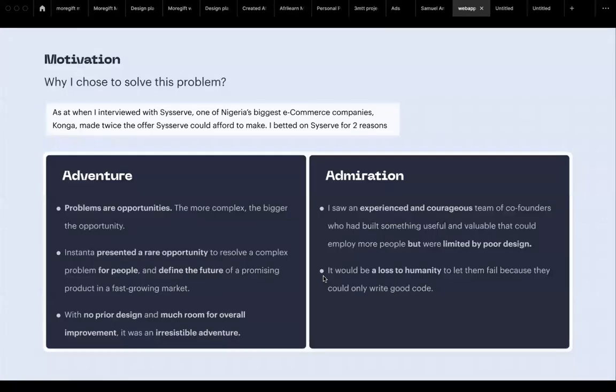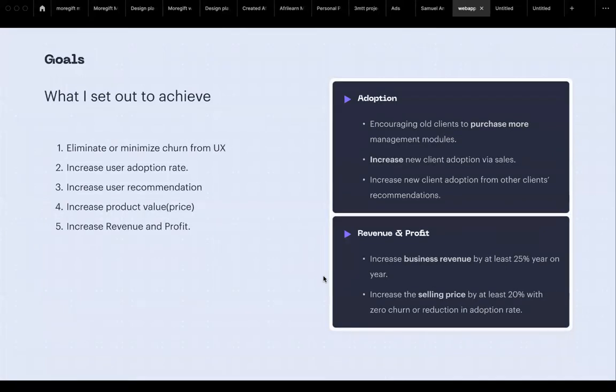Now let me jump straight to the solutions, how I did it. Before I started, I set a goal for myself: to eliminate and minimize the churn from UX. Churn means when users come, try your app, don't like it, drop off and go.